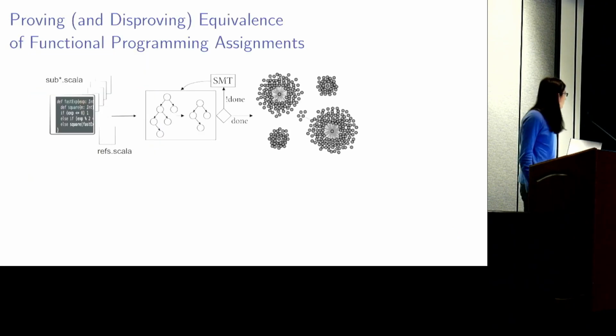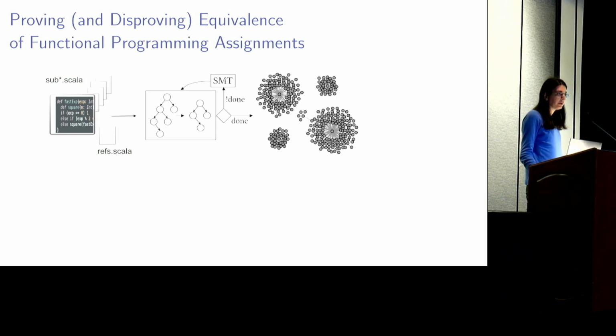So back to our title, here on one side we have many, so hundreds of submissions to programming exercises, and we have a reference solution, or a few solutions that are correct. And on the other side we have this classification of programs, so programs that are not correct with their counterexamples, and programs that are correct with those links that represent proofs of equivalence to one of the reference solutions.